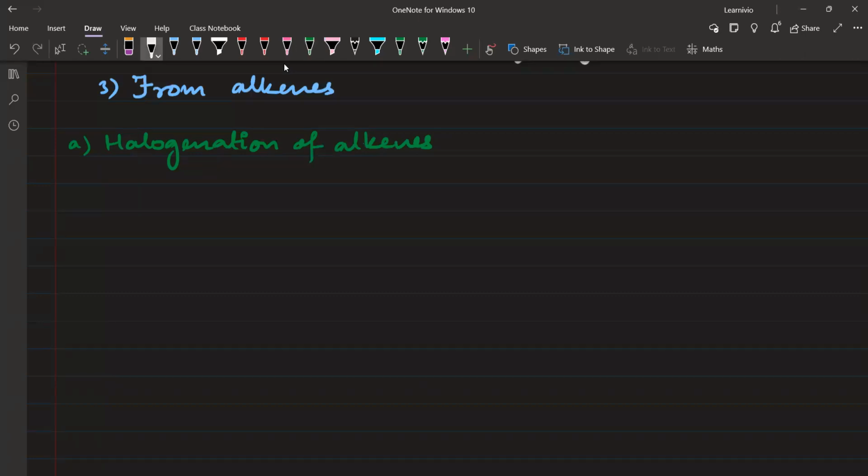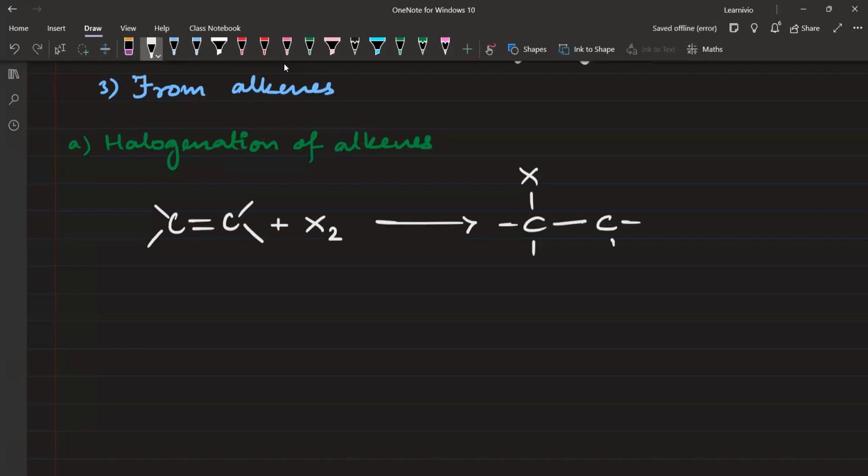So in halogenation of alkenes, what happens? You have carbon double bond carbon. In alkenes, this is the reactive site. You have to just look at the double bond part of the molecule when you are reacting with alkene. So alkene will react with any halogen, X2, and it is going to give you one halogen here, and the other halogen will be on the adjacent carbon. Now, since both the halogen atoms are in the vicinity of each other, vicinity meaning side by side, facing each other, that's why these are known as vicinal halides. Vicinal halide.